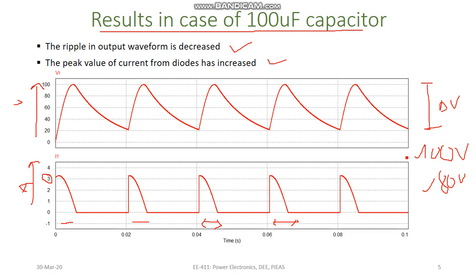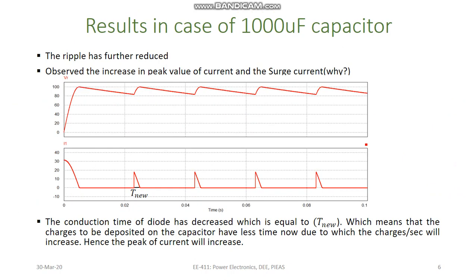So now let's move to the case in which the value of capacitance has been further increased to obtain a near-DC waveform. So a 1000 microfarad capacitor is now used, and in that case you can see that the ripple has further reduced. The ripple is now almost 20 volt.